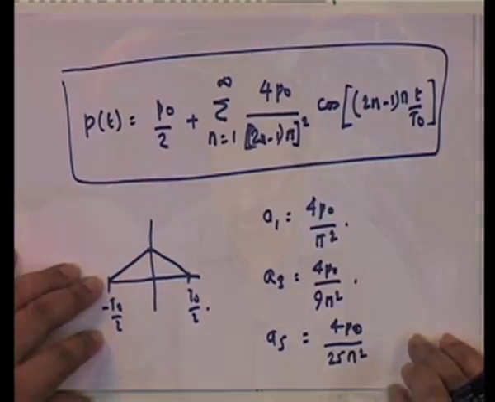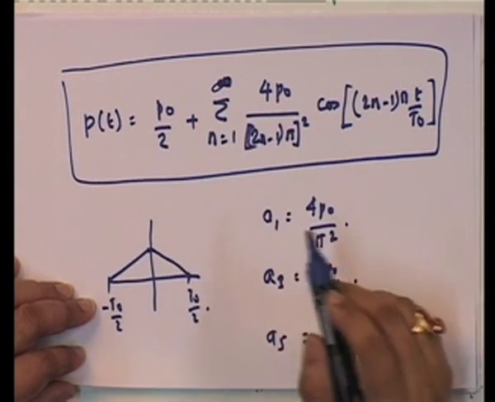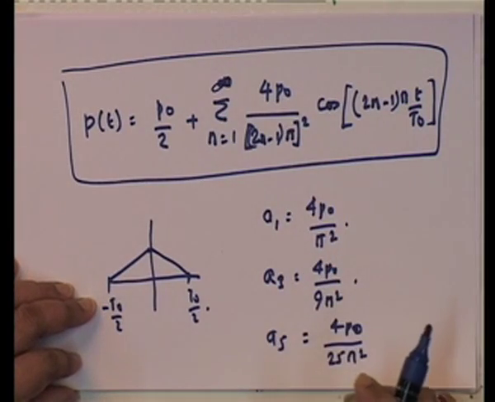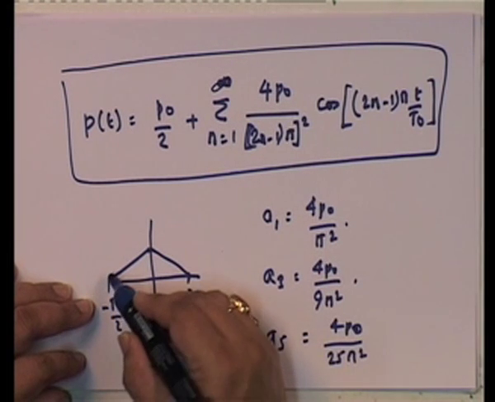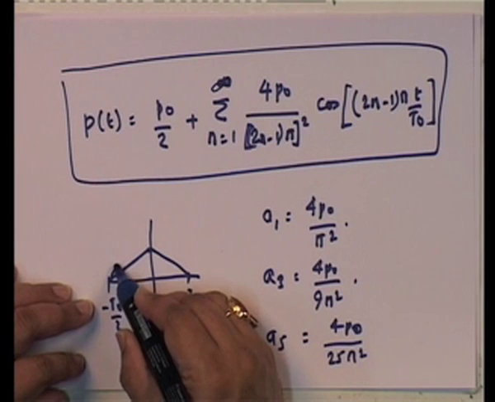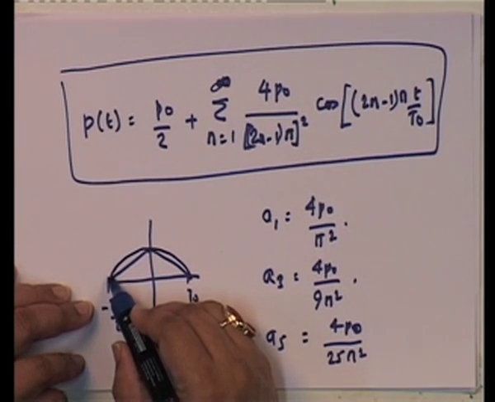Obviously, that is a convergent series, and obviously, the point is that we do not need to consider all the terms to ensure that we get a good approximation. If I take only the first one, I would get something like this. If I take the third one, I will get this.